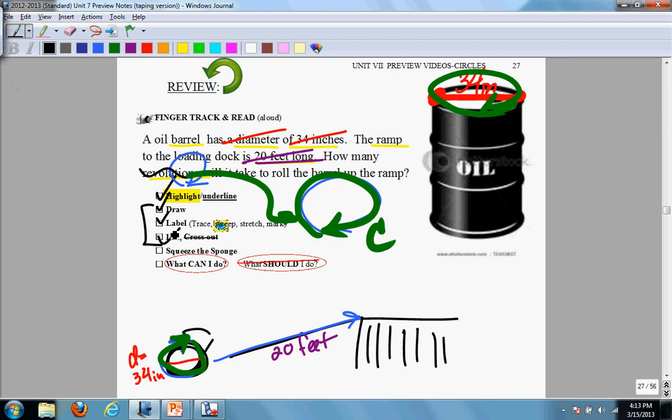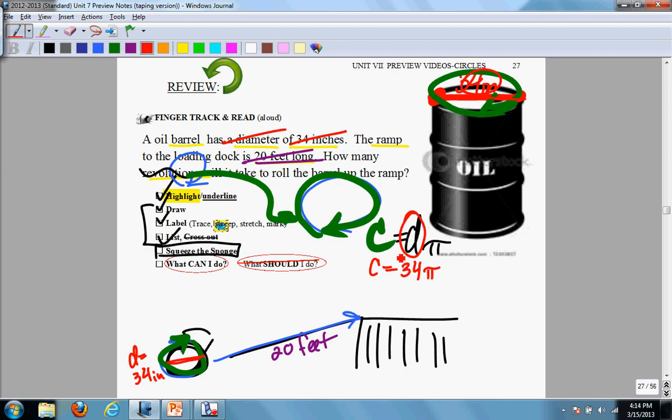So when we squeeze the sponge, we ask ourselves what we can do. The first thing you know you can do is write out the equation, C equals d pi. So it's circumference equals d pi. Let's figure out what we have so far. Circumference equals, we circle the d, which is 34 inches, and here we have pi.